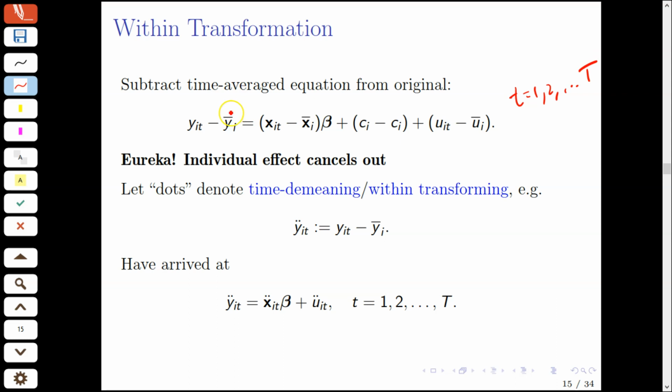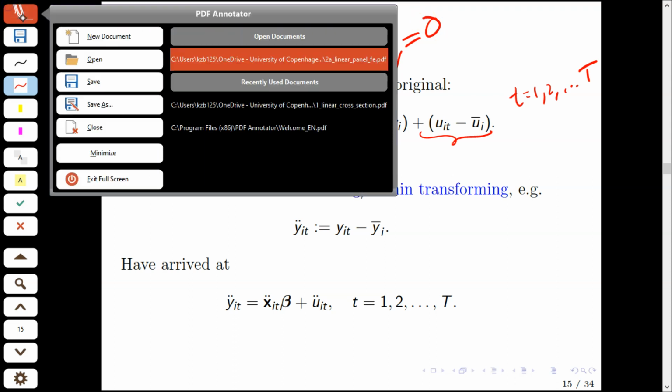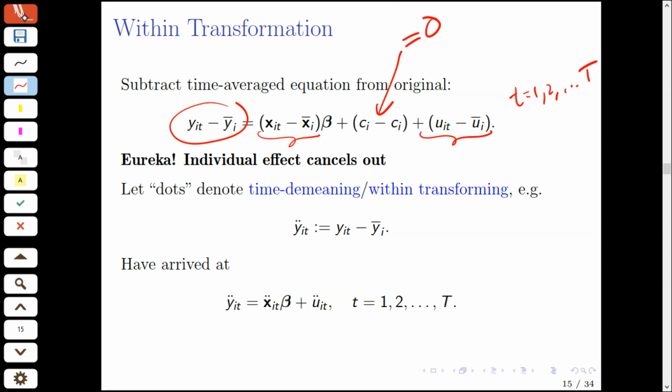So now on the left hand side, we have the time demeaned outcomes as a function of the time demeaned regressors, up to the time demeaned unobservables. Now, since the Cis are time invariant, that is, they don't vary over time, this subtraction leads us to cancel out Ci. But that's fantastic news if the Cis were a big worry to begin with.